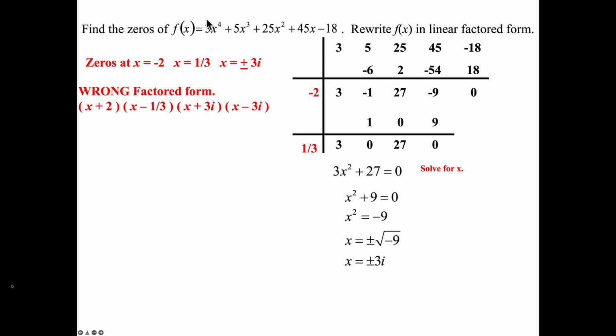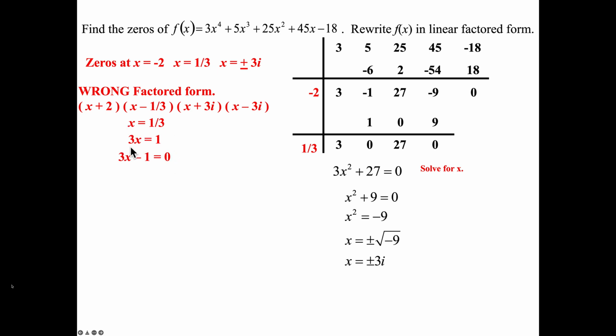Remember, the first term has to be 3x to the 4th power. And right now, if you go x times x times x times x, that's x to the 4th. You don't want a fraction here. So again, you have to think back when I had x equals 1/3 from my binomial. When I solved it, the last thing I did was divide over the 3. So now I have to multiply the 3 back and subtract over the 1.